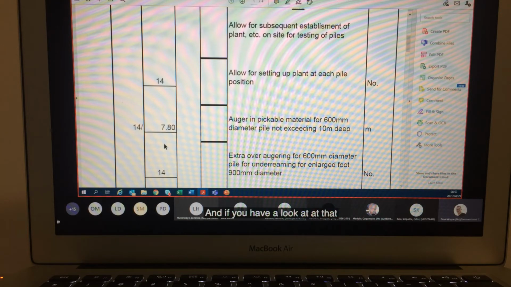And if you have a look at that schematic video that I showed earlier, it shows that as we drill, the rubbish comes out. The deeper we go, the shape of the drill bit is such that it draws the waste material out of there. So we now need to auger in pickable material for 600 millimeter diameter piles not exceeding 10 meters deep.